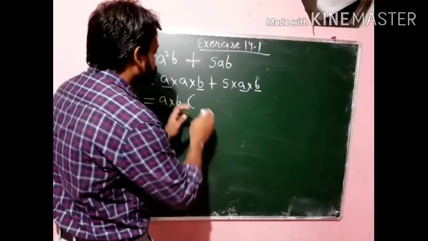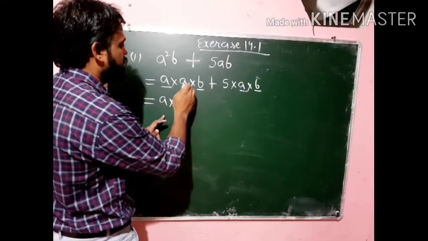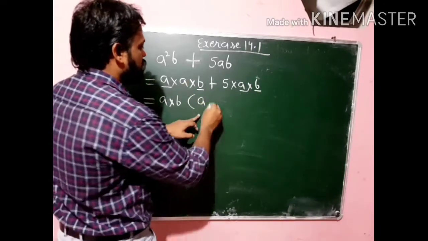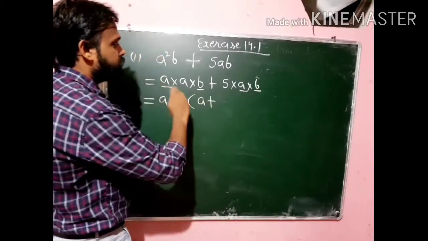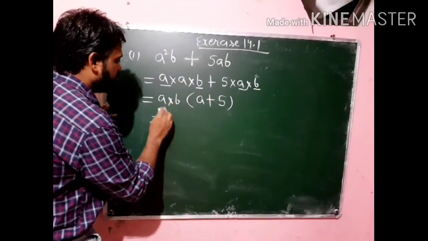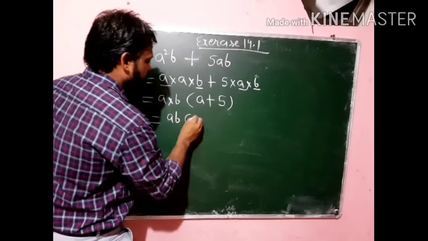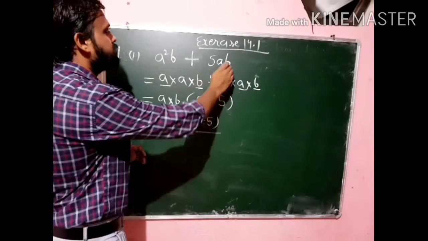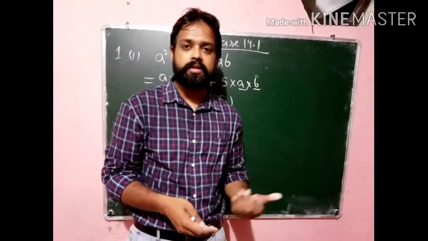Now we have already written a and b outside the bracket, and only a is left in the first term. So write a here, and the plus sign as it is. Since I took a and b common, only 5 is left in the second term. So now you can write ab into a plus 5. These are the factors of this algebraic expression. I hope it is a very easy sum and it is clear to you.